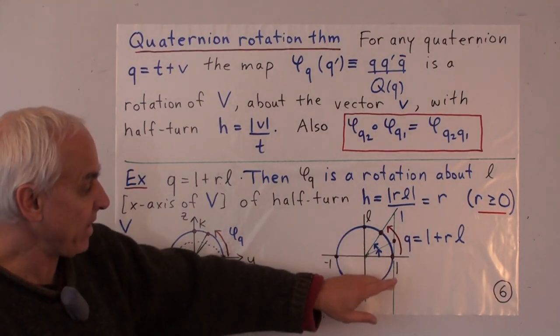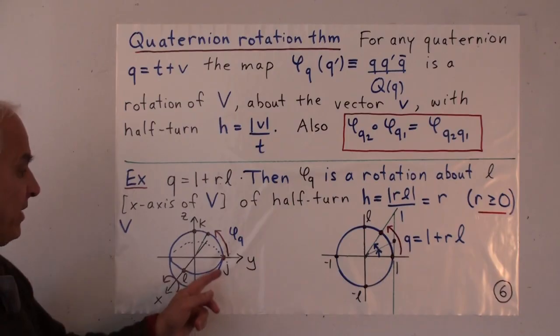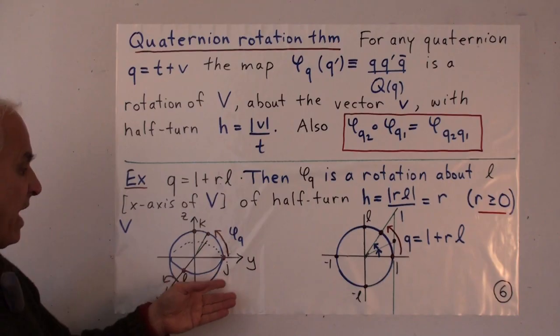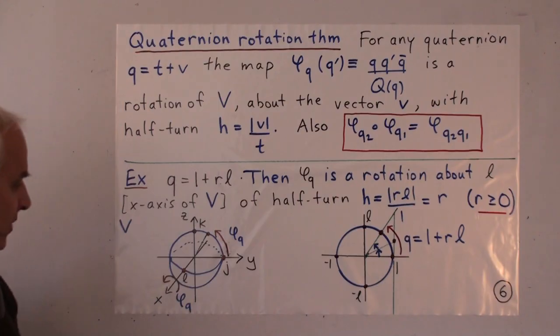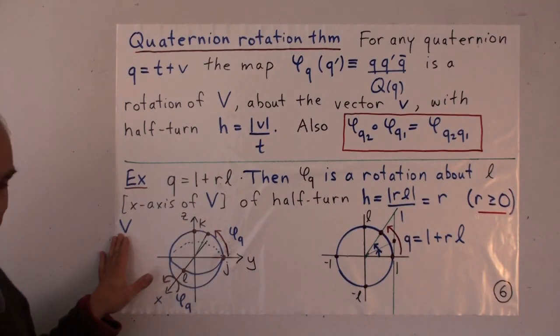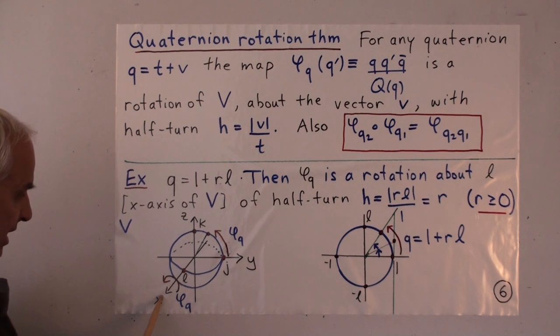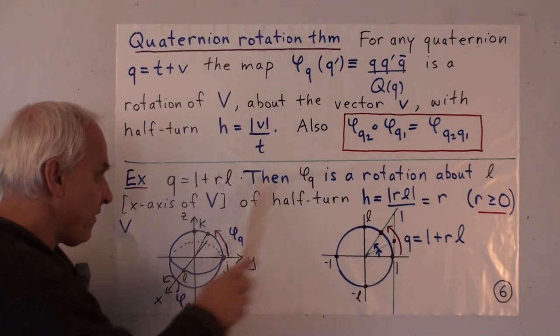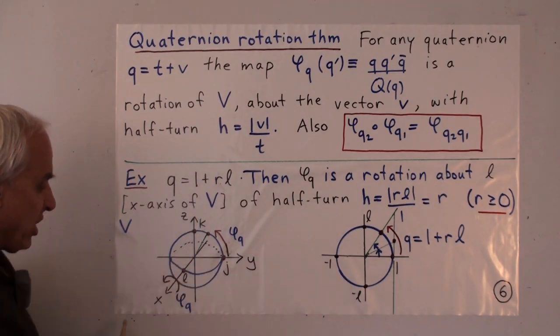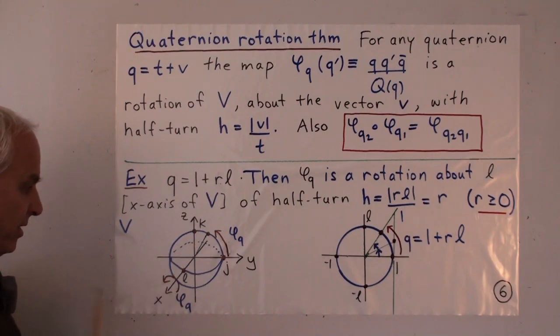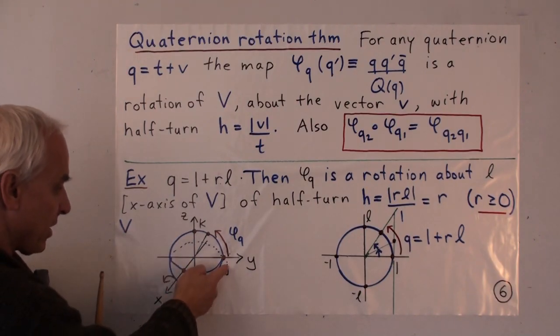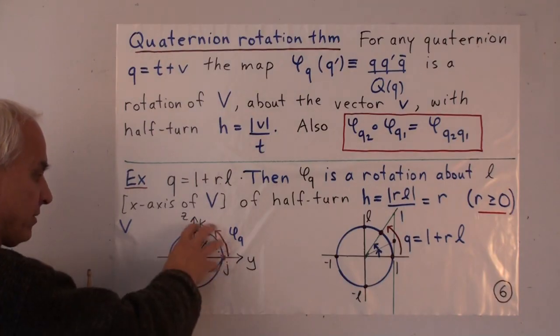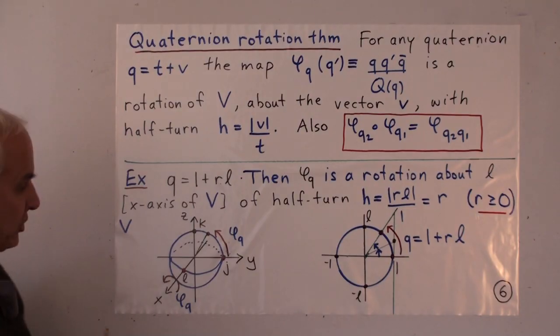But the rotation's not happening in this two-dimensional plane, it's actually happening in the transversal plane spanned by j and k. So here's our three-dimensional picture of V, in which we have the x-axis here, y-axis here, and z-axis here. Unit vectors i, j, and k. Then phi sub q here is going to generate a rotation about the x-axis, coming out this way. It's going to be a rotation like this, sending j and k to some combinations of them along the unit circle there.